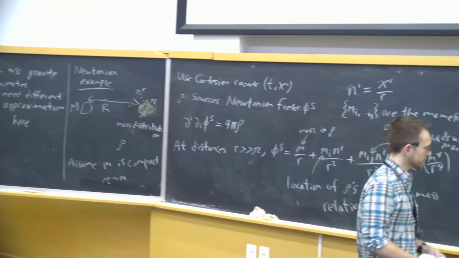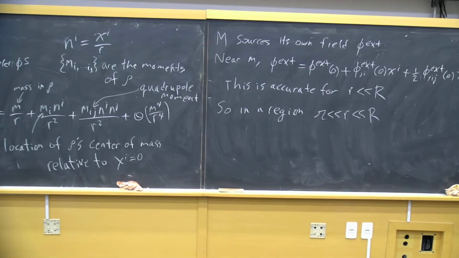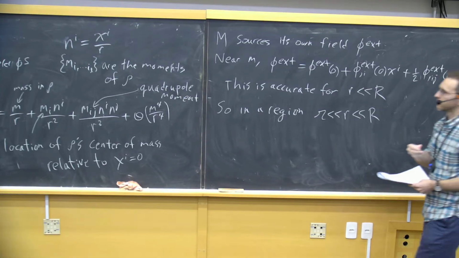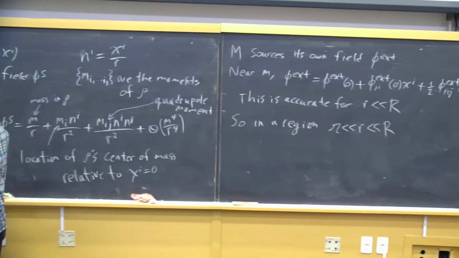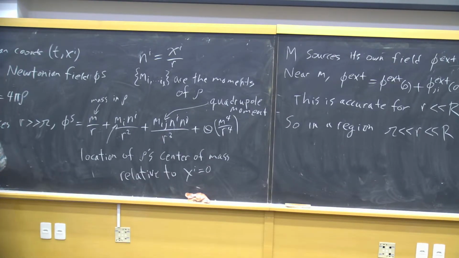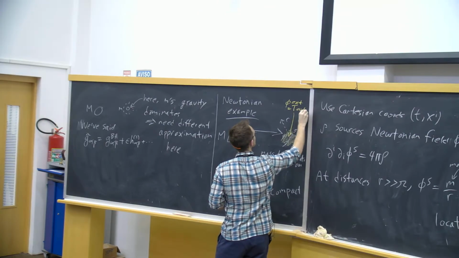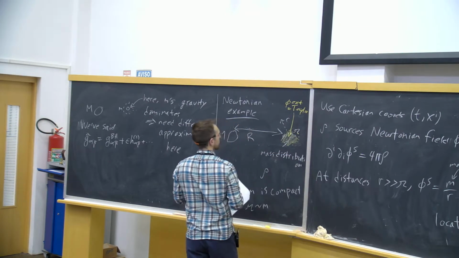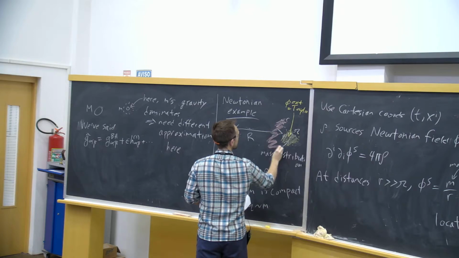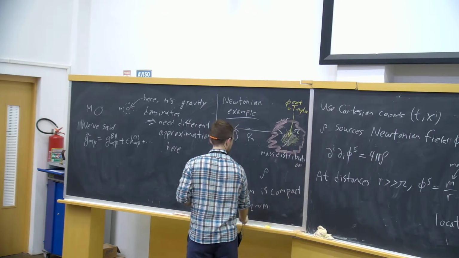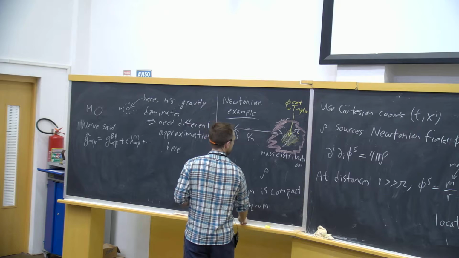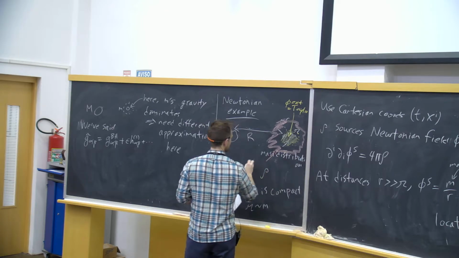And we have a third color. And then this Taylor series, oh wait, I've reversed them. So this is the Taylor series. And then, say out here, we use multipole expansion.